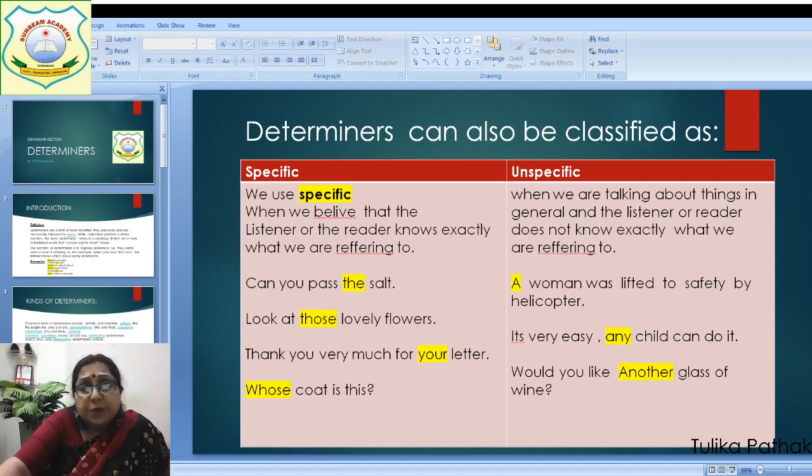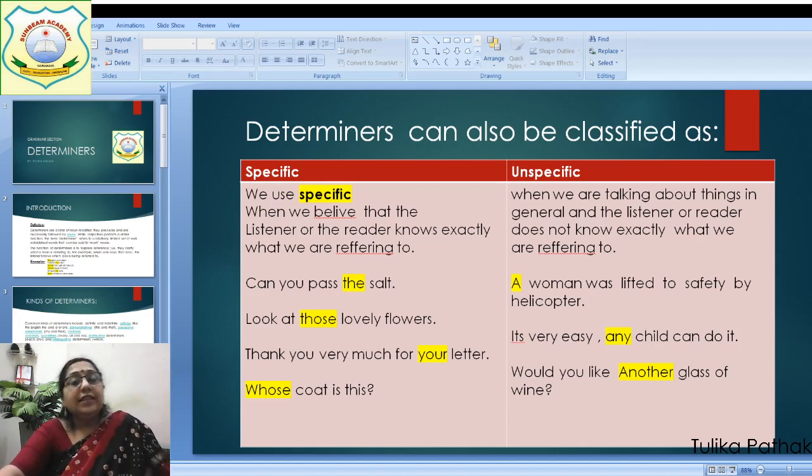And what is unspecific? When we are talking about things in general and the listener or reader does not know exactly what we are referring to.